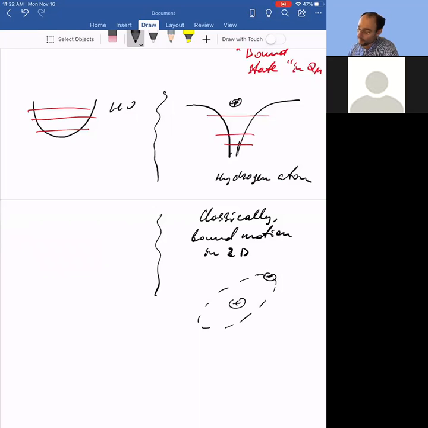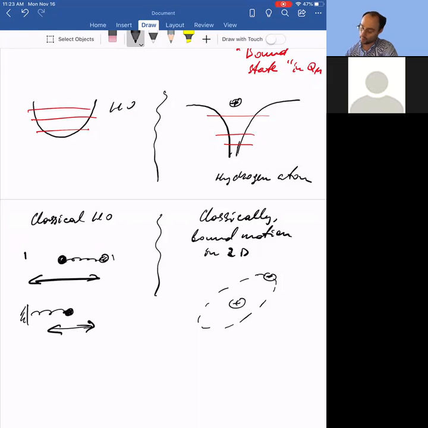For the harmonic oscillator, a classical harmonic oscillator in 1D is a meaningful situation. So for example, you could have something like this, that shuttles between the turning points, or I told you that it's basically equivalent to a particle.